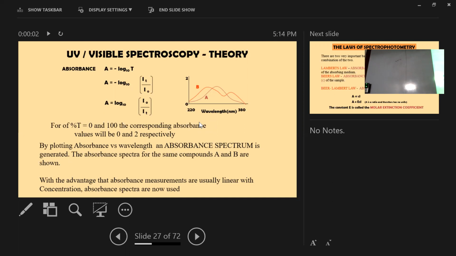Okay? So we can increase the concentration by reducing the volume of the sample, by how? By drying up, because different types of solvent can dry up easily. By that way, we can reduce the amount of the solvent, or we can increase the concentration.